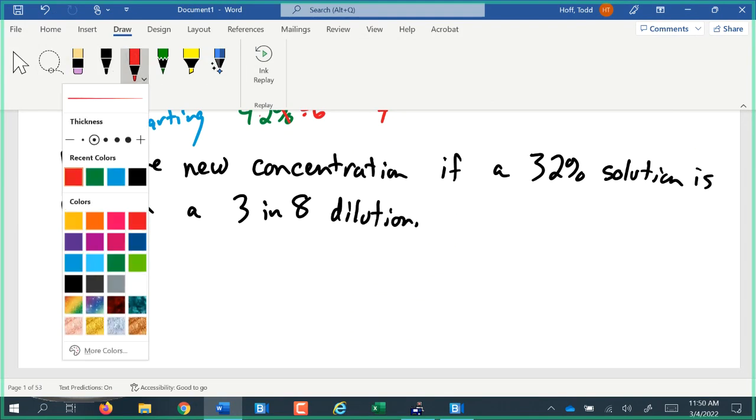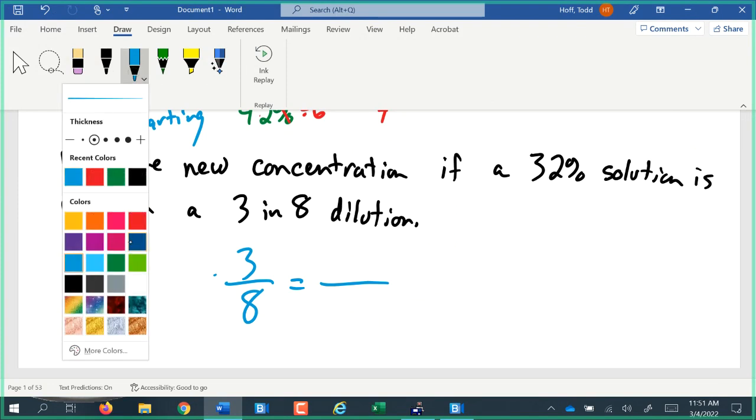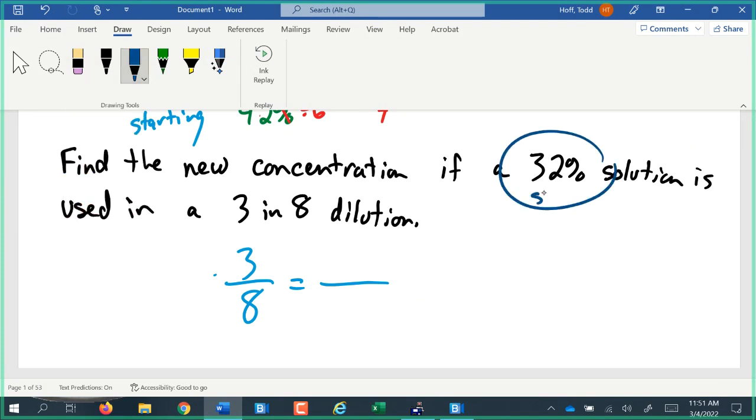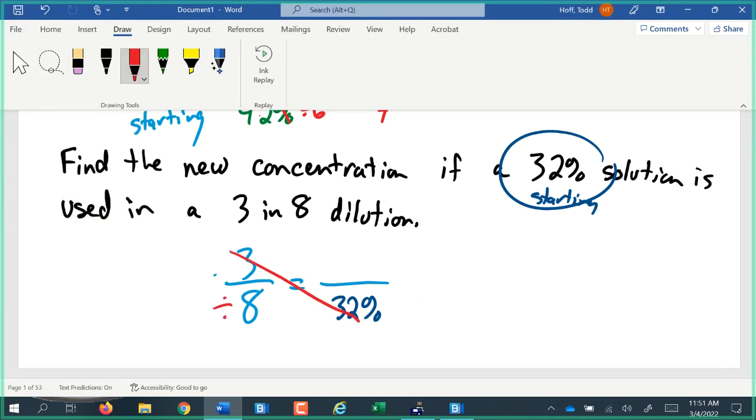So now we have our dilution ratio of 3:8, and that dilution is going to be equal to our ratio of concentrations. Well, the 32 is the starting concentration. That's going to go on the bottom. We know that after the dilution, we're going to get a lower concentration. So we're going to go ahead and cross multiply and divide here. 3 times 32 divided by 8 gives us 12%. That new concentration is 12%.